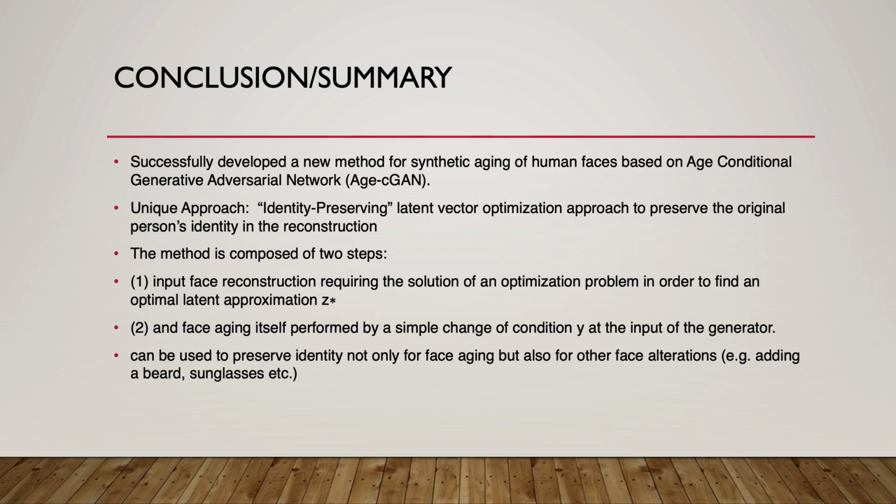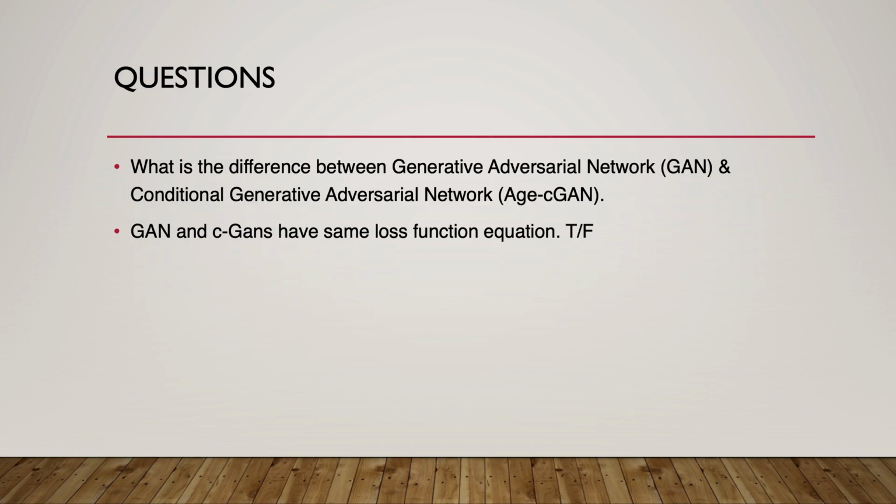I really thank you. I had some questions which I will end with. My first question was, what is the difference between generative adversarial networks, GANs, and conditional generative adversarial networks, c-GANs? You can pause a minute and think about it, and then you can go ahead. The answer is in the loss function.